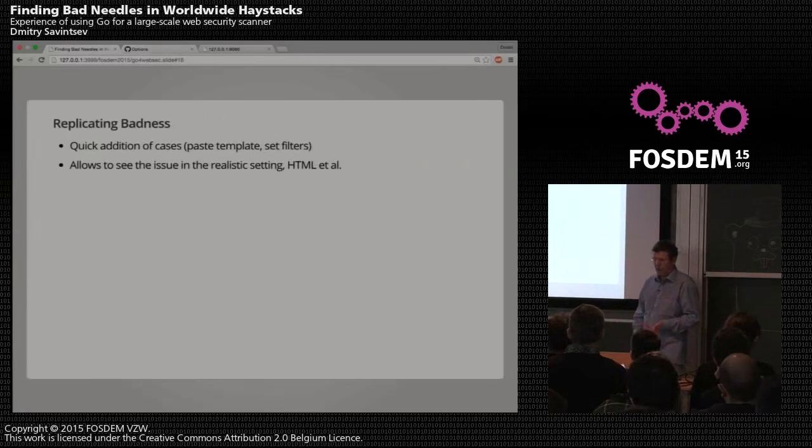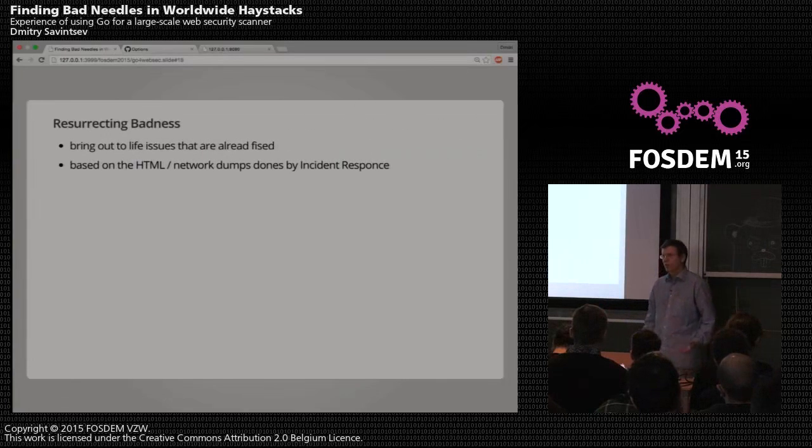This can be done for replicating badness, where if we find a bug or some internal thing, then we could just paste a template, set filters, and have a new case. It also allows us to see the issue in a realistic setting. If you grab the HTML from the production scan, then we have a test with the real HTML. But what I really like about this is that it can be used to resurrect badness.